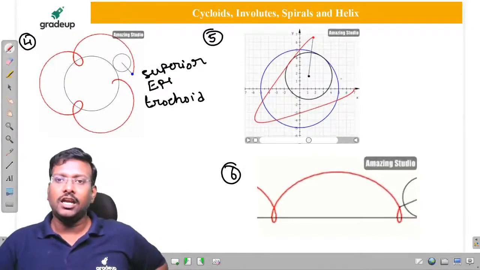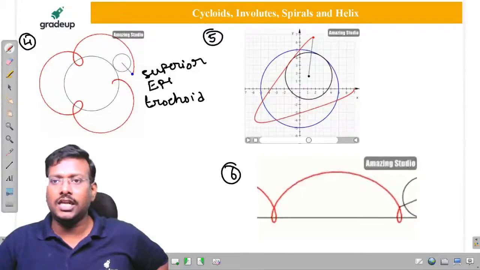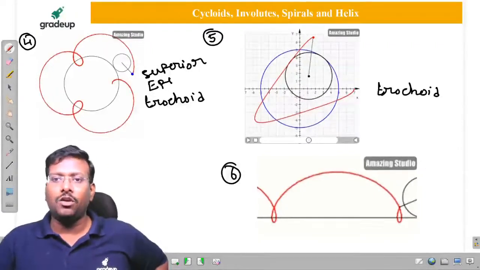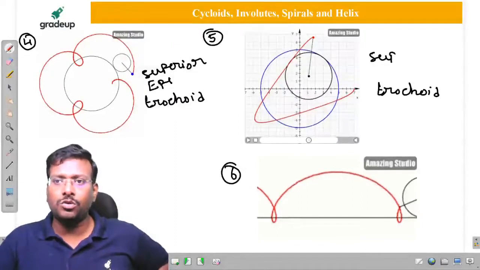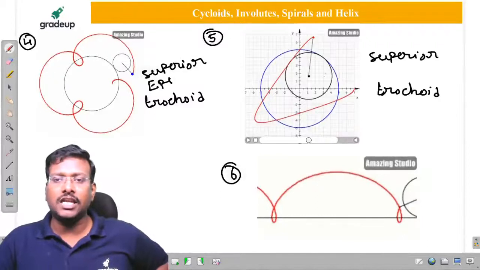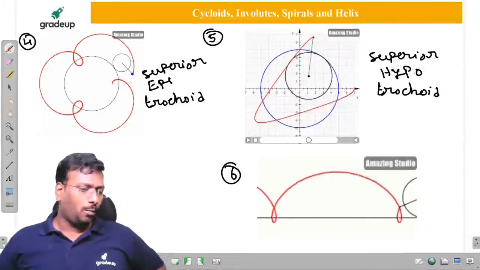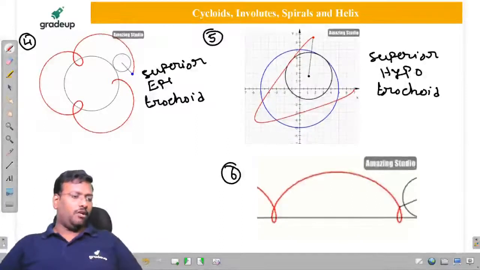Excellent, Twinkle. Sir, actually the point is not on the circumference. Therefore, trochoid. Because the point is outside, therefore, superior. But the circle is rolling inside. That's why it is called hypo.